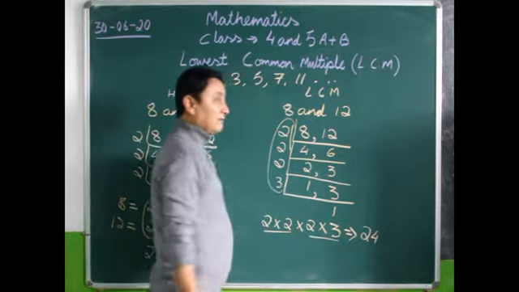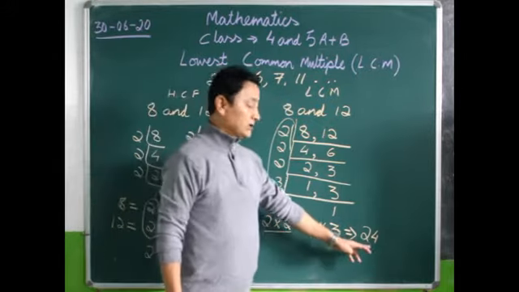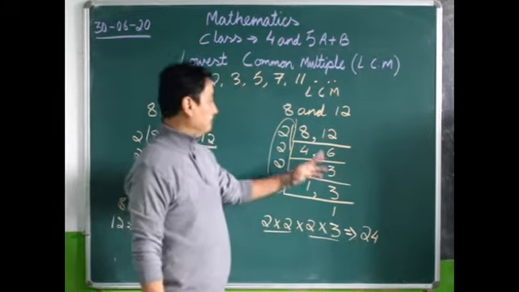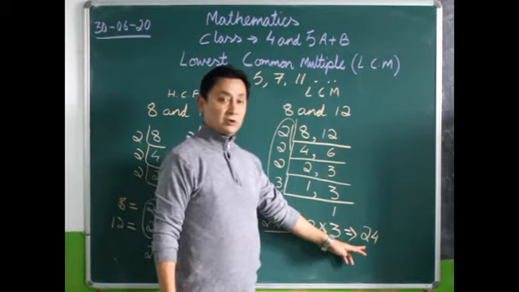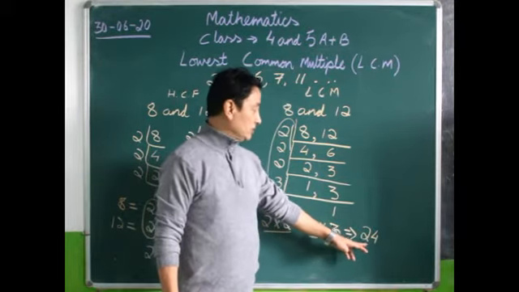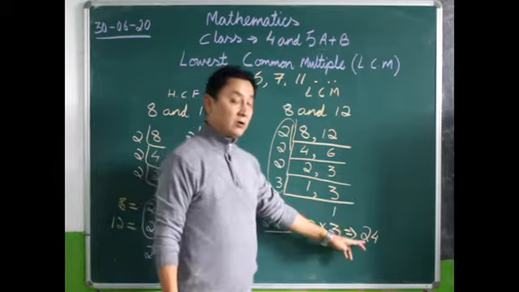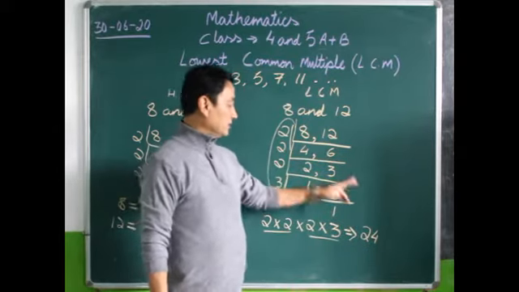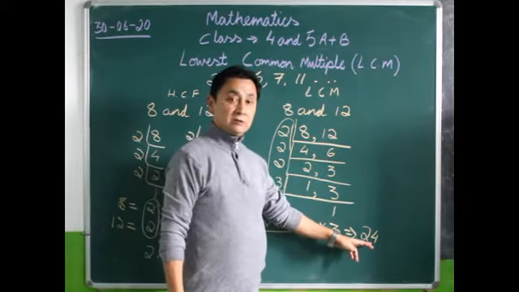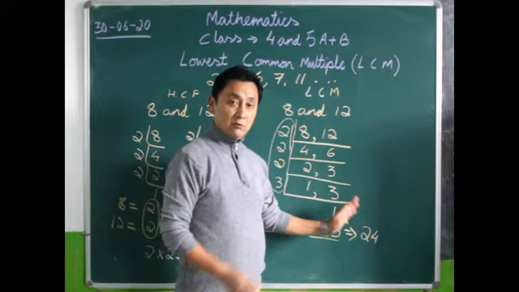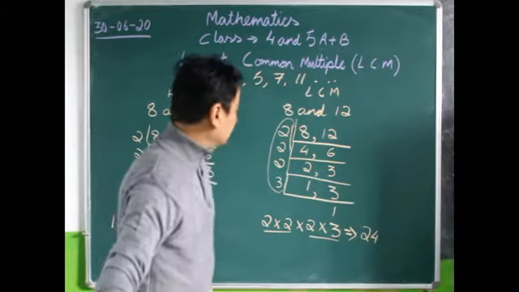Now, the LCM of 8 and 12 is 24, which means both these numbers should go into 24. 8 goes into 24 3 times. 12 goes into 24 2 times. So I hope you are understanding. So let's do some numbers now.